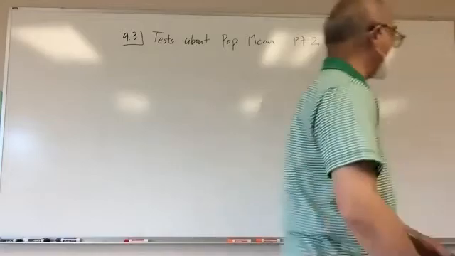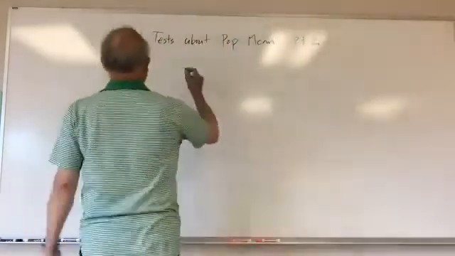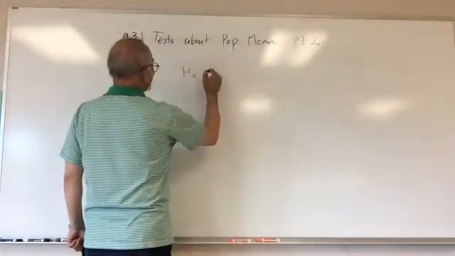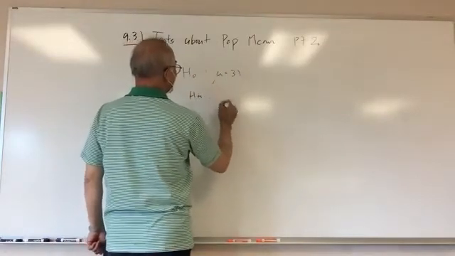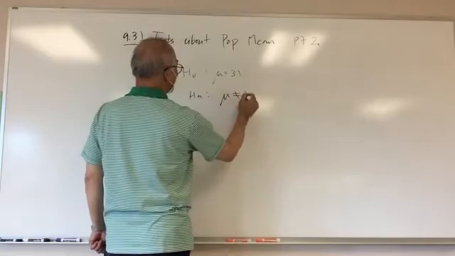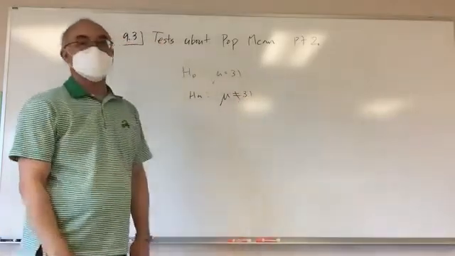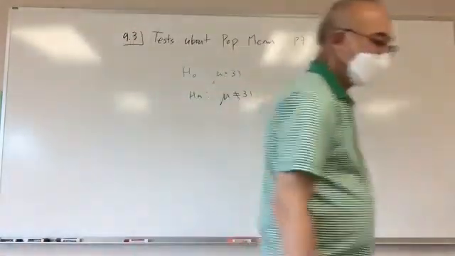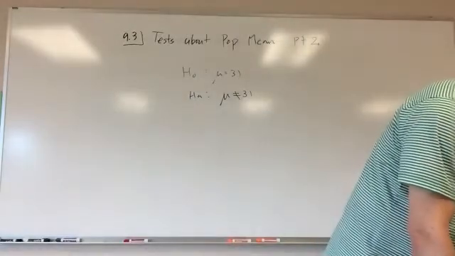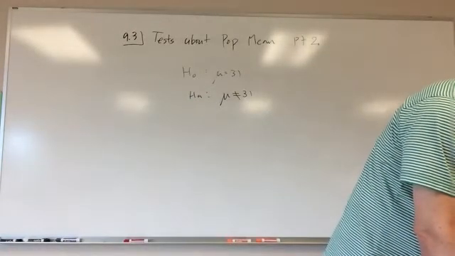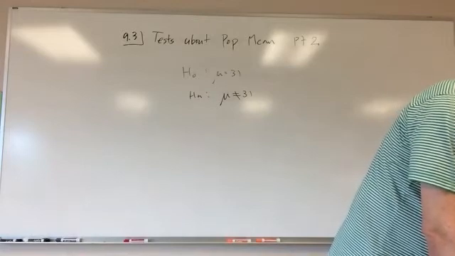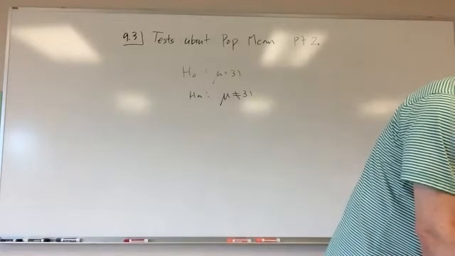Okay, so the H0 would be that mu is equal to 31. The Ha was mu is not equal to 31. Remember this? We did do this, right? Okay. Is there any alpha? There is no alpha, so alpha must be 0.05, right?